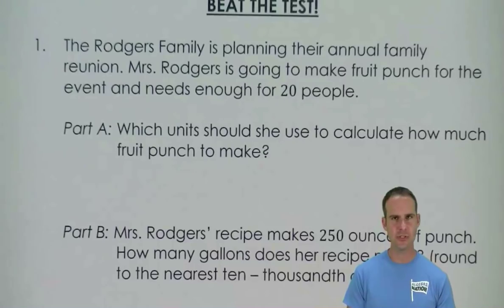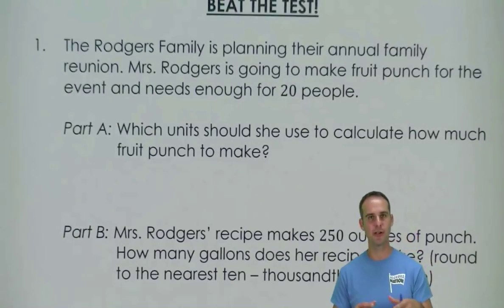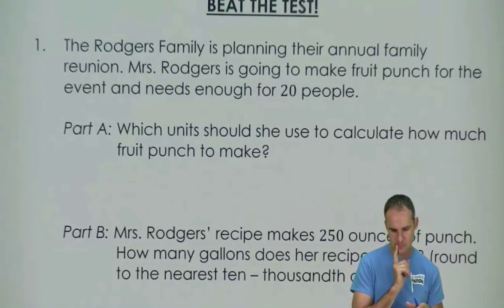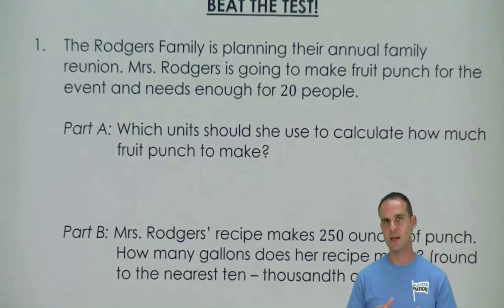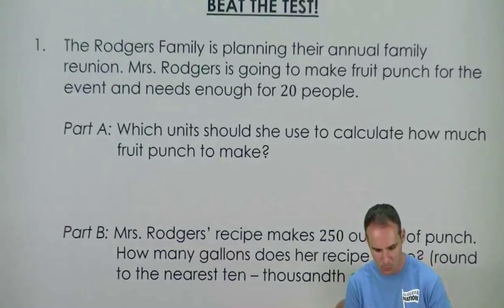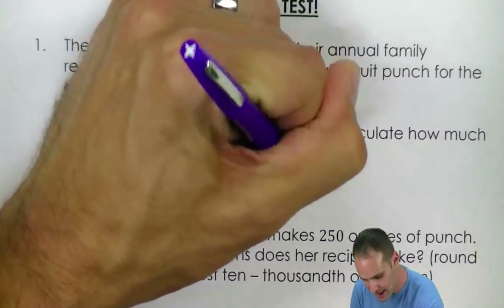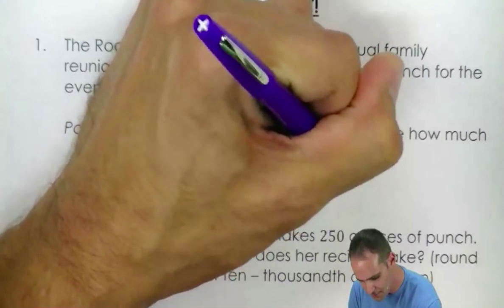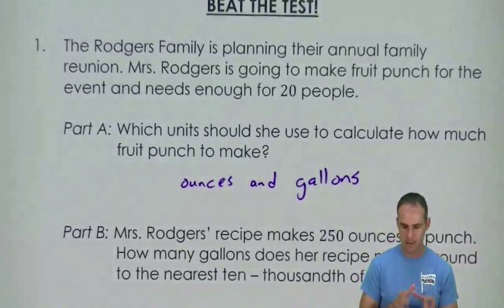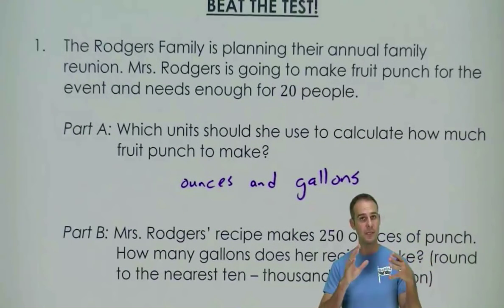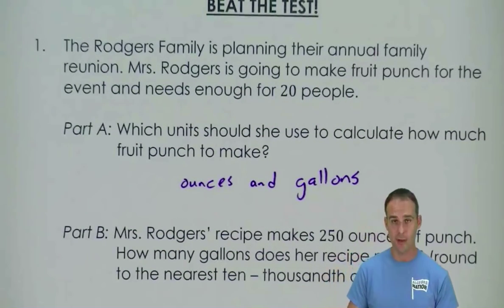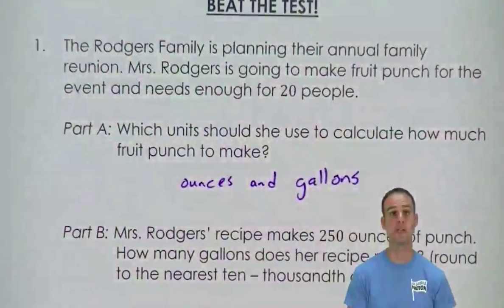Which units should she use to calculate how much fruit punch to make? Well, based on the previous information, we would probably want ounces and gallons. Those would be 2 possible units that I would use when considering how much fruit punch to make. So ounces and gallons are the 2 to consider.